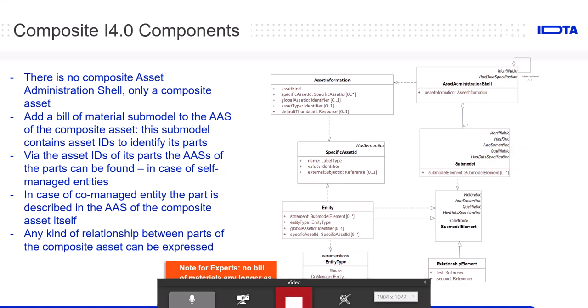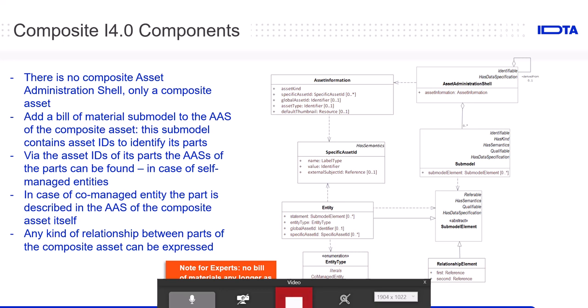Of course, if the asset is composed of different parts, you need to find the parts, and all of these parts are assumed to have an asset ID similar to the composite asset itself. This is where we have a predefined submodel element called entity, and this entity, as you see, has a global asset ID or also specific asset IDs, and via these IDs you can find the corresponding asset administration shell, if the asset has an asset administration shell in itself.